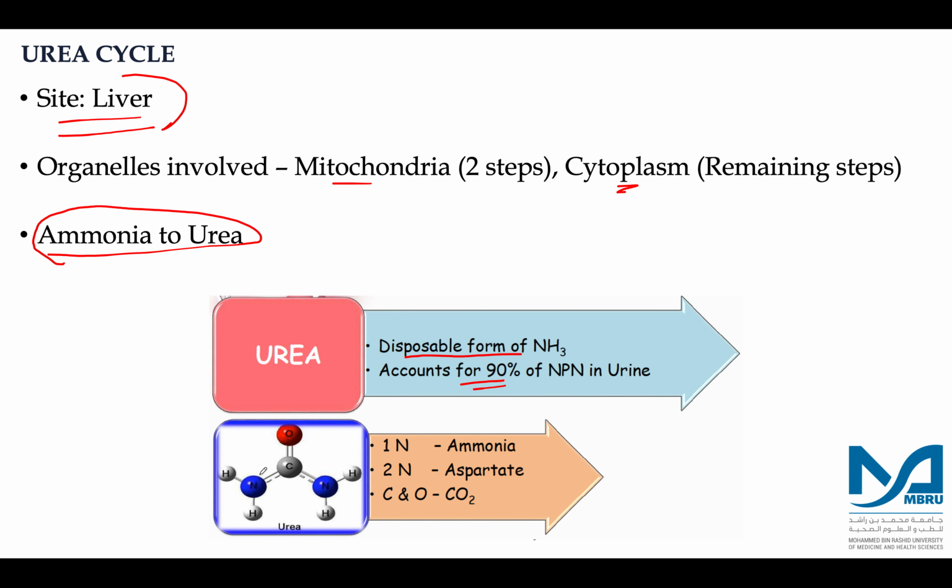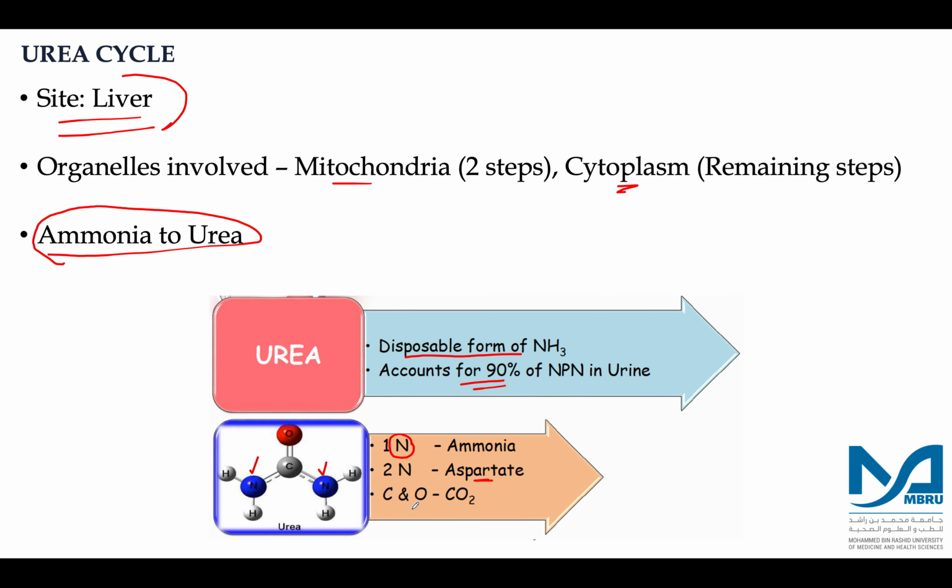This is the urea molecule. If you look at it, there are 2 nitrogens, and this is very, very important. One nitrogen is derived from ammonia. The second nitrogen is derived from aspartate, which you have produced in the presence of oxaloacetate from glutamate.